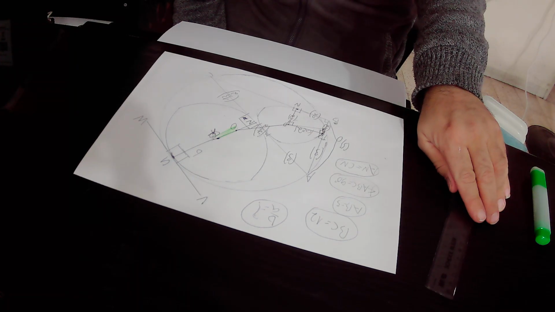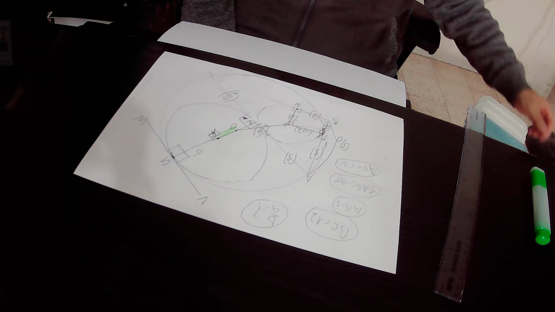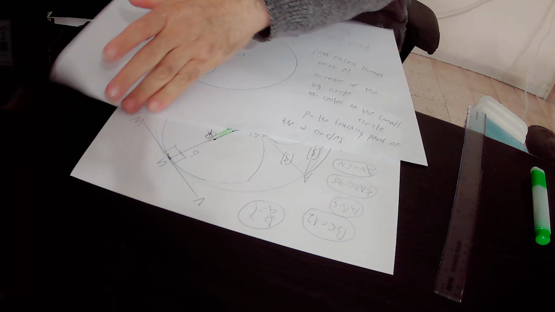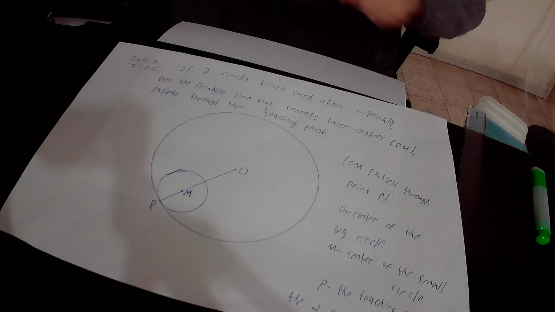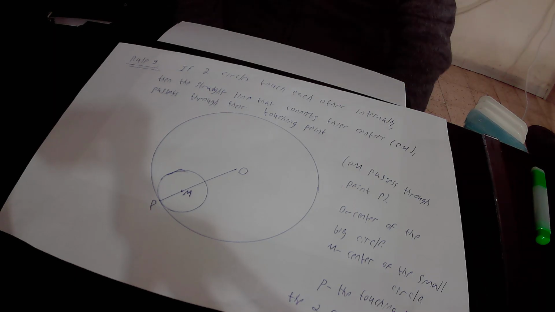And then I present to you rule number 9 and we'll implement rule number 9 in our drawing. According to rule number 9, if two circles touch each other internally, then the straight line that connects their centers together must pass through their touching point.